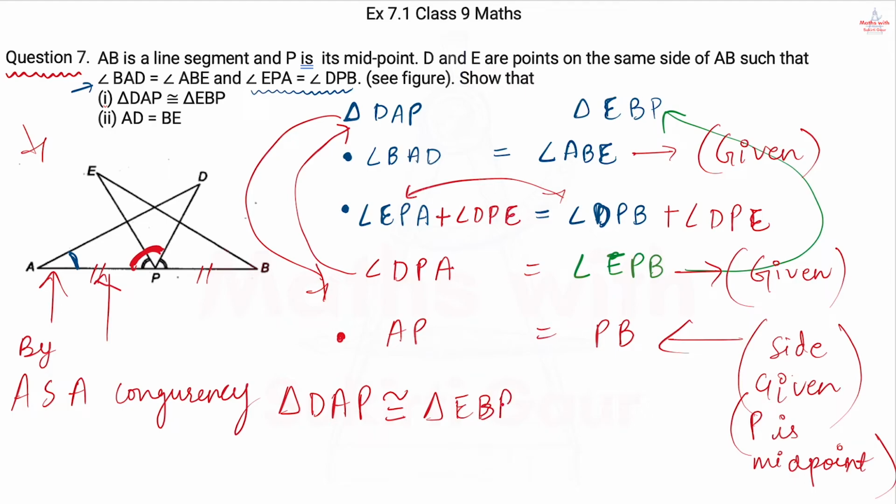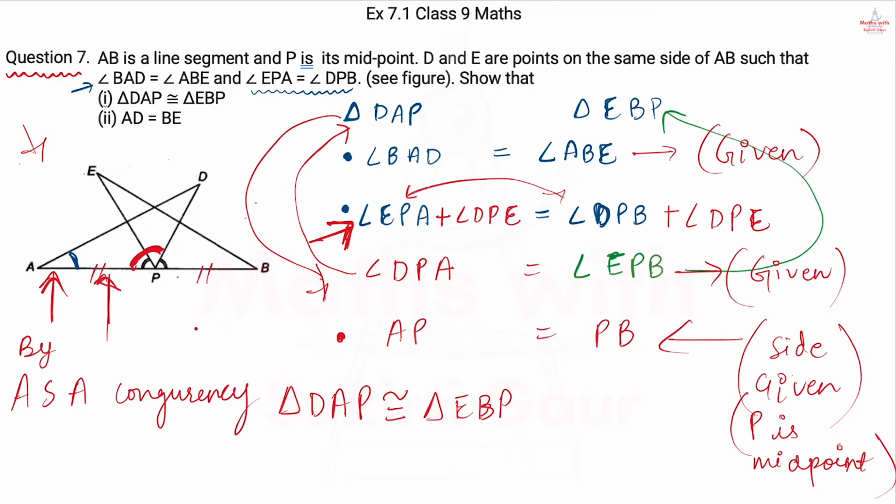Yes. See, I can only explain the concepts to you. What you are going to do is make this figure in your notebook and just follow the things which I have done here. You will get to know how I am getting this condition, especially this one. You will see that we are getting an angle at first, then a side in between, and then an angle at the last.